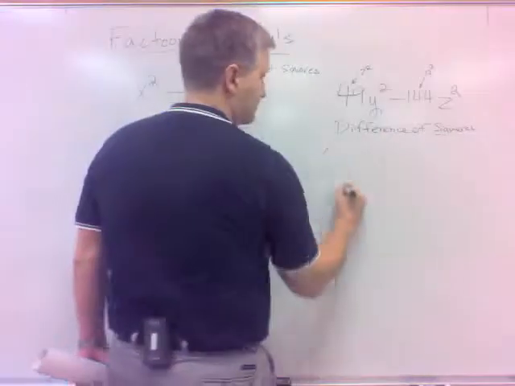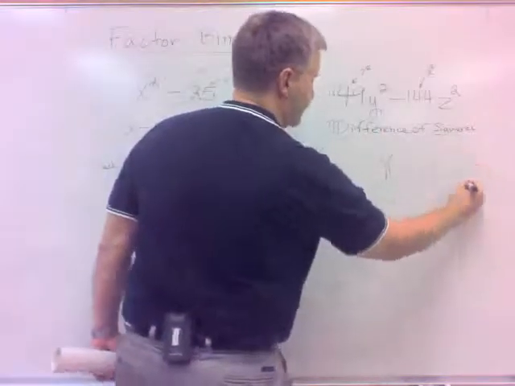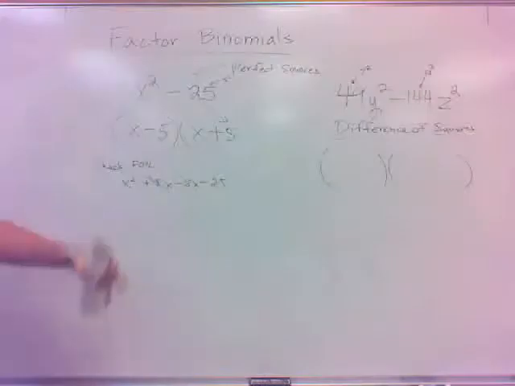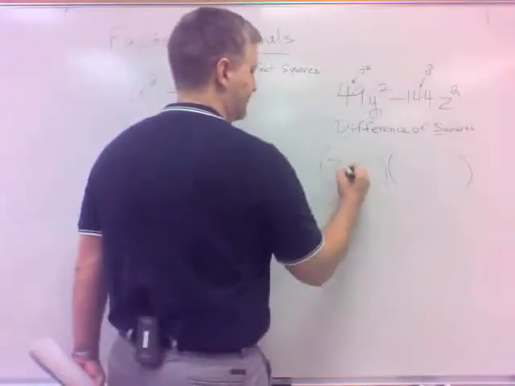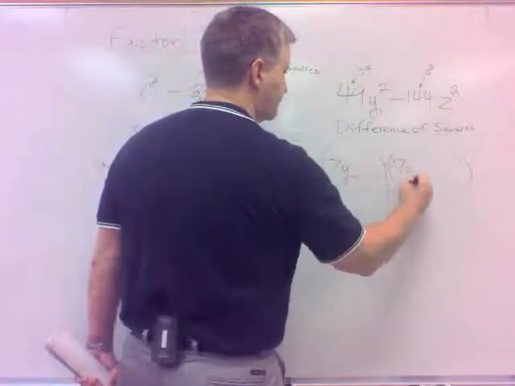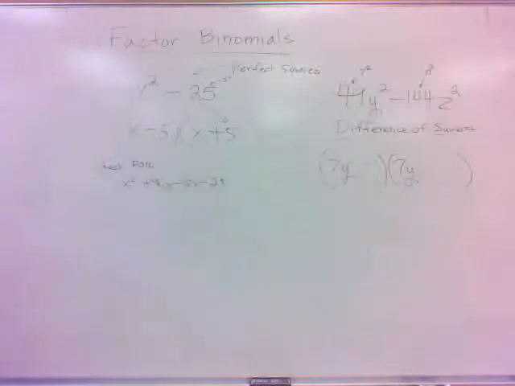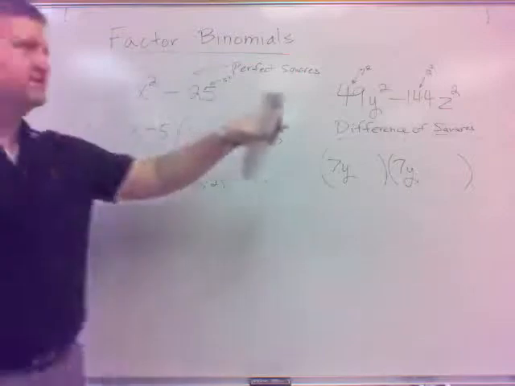And so just like our previous example, it's going to be two binomials. Now, what am I going to do with 49y squared? That's a big number, but since it's a difference of squares, you're going to break it up. 49y squared is going to be 7y and 7y. You want the exact same thing both places. 144z squared, same thing.